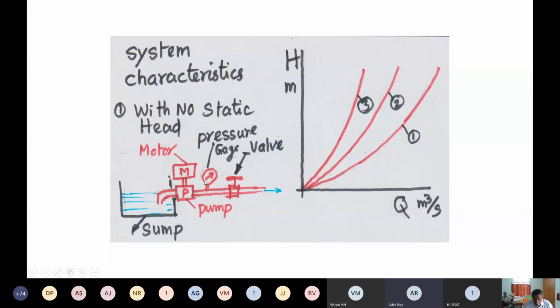What is it? Pressure gauge. It is a pressure gauge. So I have to take the pressure gauge reading. Pressure is equal to H into rho g. So pressure gauge reading divided by rho g will give me the head. So I may take some 4 or 5 readings. For each reading, the speed of the motor will be increased, so that I will get higher and higher discharge. Correspondingly, I will note the pressure gauge readings, so that I will be able to plot the points along curve 1. Remember, during this situation, the valve is kept at a constant opening.